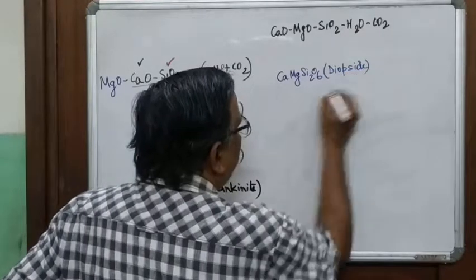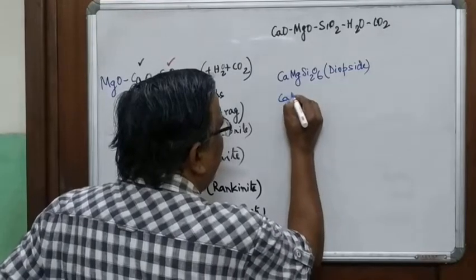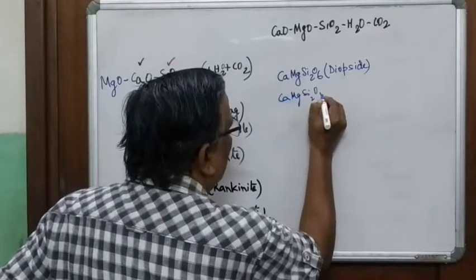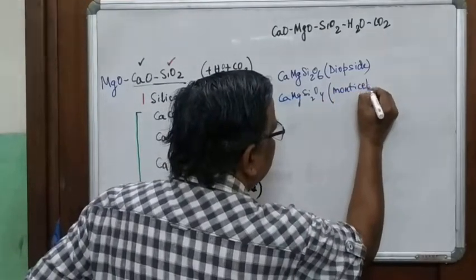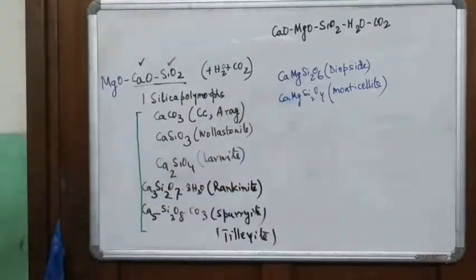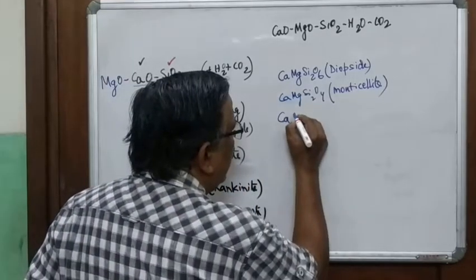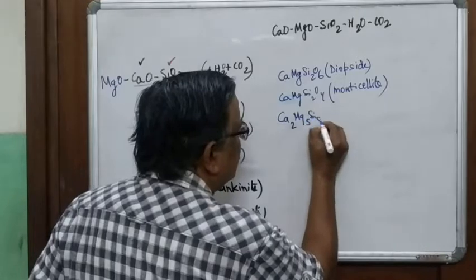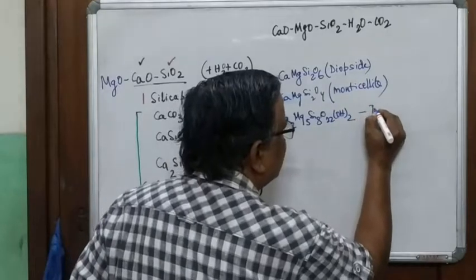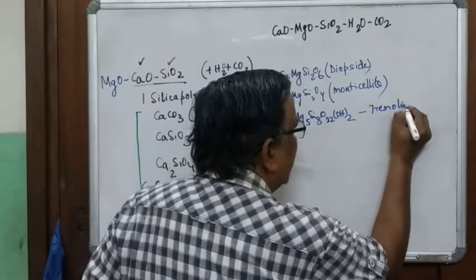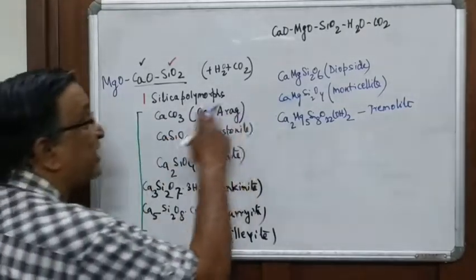And as I told you for olivine, CaMgSiO4, and this is monticellite. So these are calcium magnesium minerals. Then you have, for example, Ca2Mg5Si8O22(OH)2. This is tremolite. You have a whole set of minerals now. But I've been only talking about calcium magnesium.